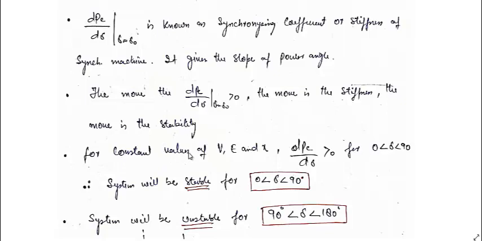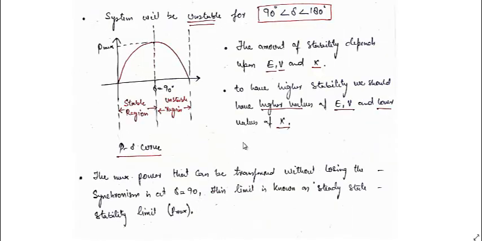For a constant value of V, E, and X, delta Pe by delta delta will be greater than 0 for delta from 0 to 90 degrees. So we can say that the system will be stable for 0 to 90 degrees, and the system will be unstable for 90 to 180 degrees, because in this case delta Pe by delta delta will be less than 0, which can again be shown by this curve.